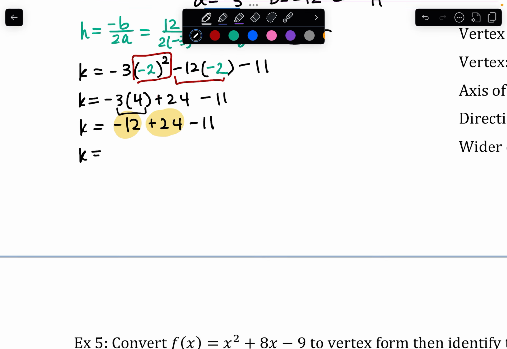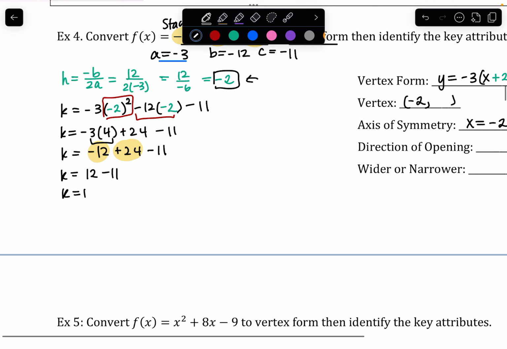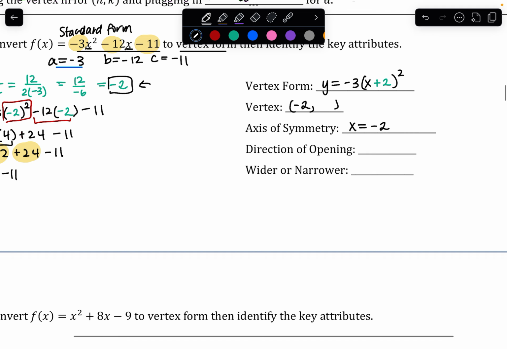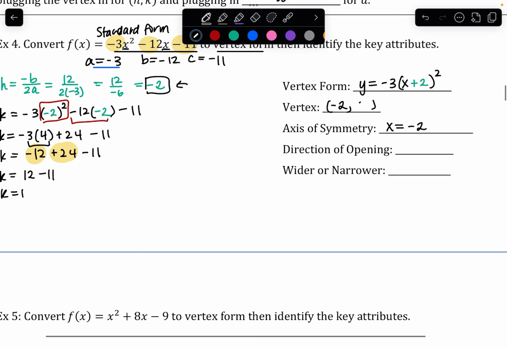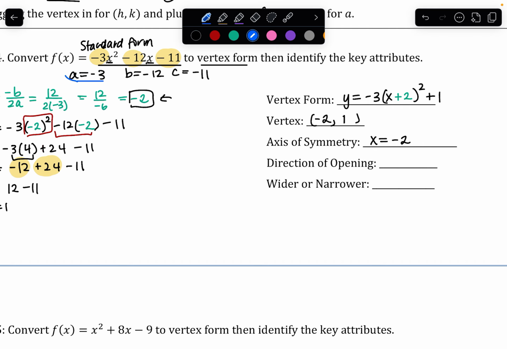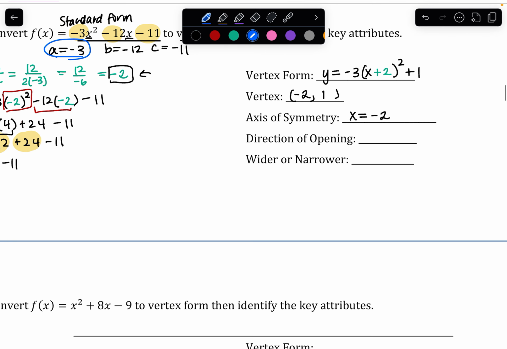Okay, negative 12 plus 24 is 12. Minus 11 gives me 1. Now that we have our k value, we know that the y value of the vertex is 1, and we would have a plus 1 outside. For the a value, we didn't need to find the vertex to know the direction of opening.